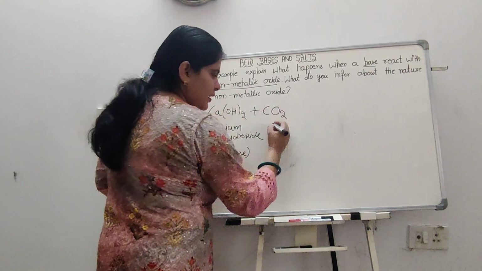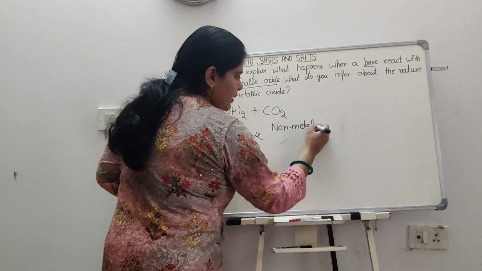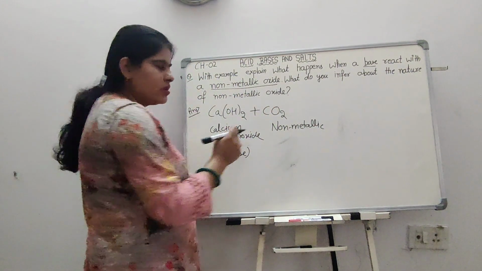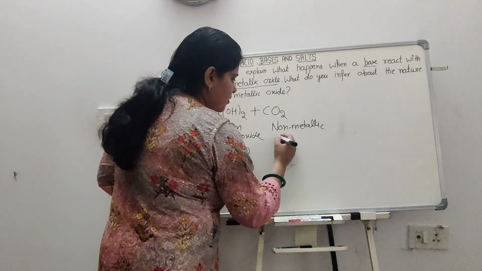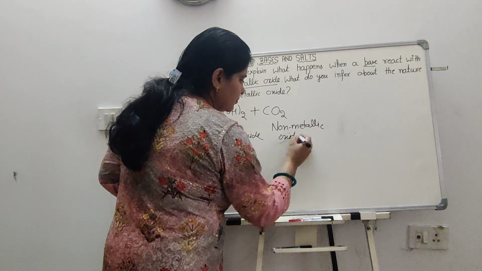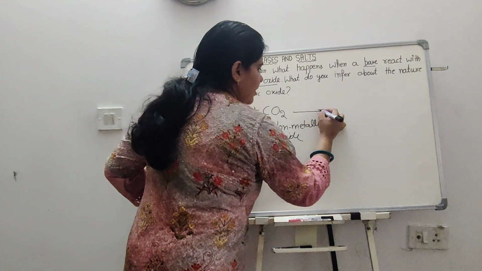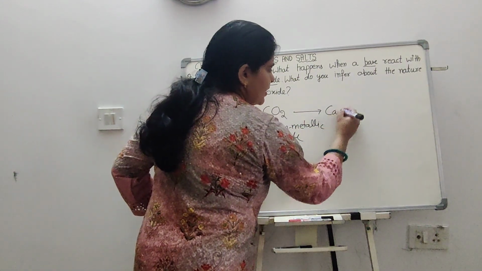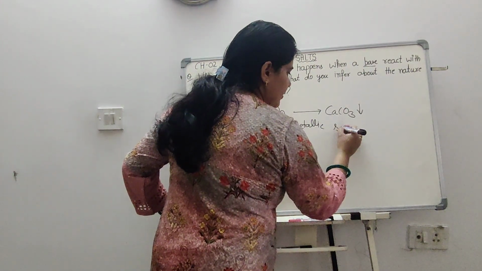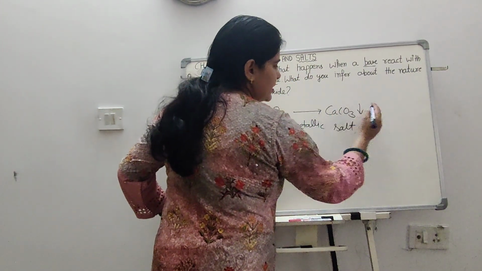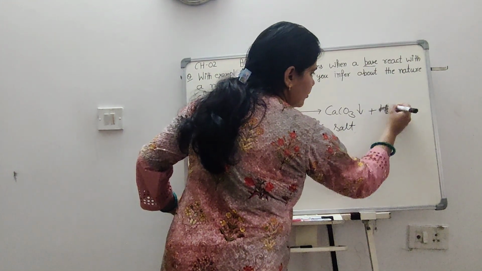Carbon dioxide is a non-metallic oxide, because carbon is a non-metal, so when a non-metal reacts with oxygen, it forms carbon dioxide. When the reaction between calcium hydroxide and carbon dioxide takes place, we will get calcium carbonate, CaCO3, in the form of a precipitate. Calcium carbonate is the salt, and we will get water, H2O.